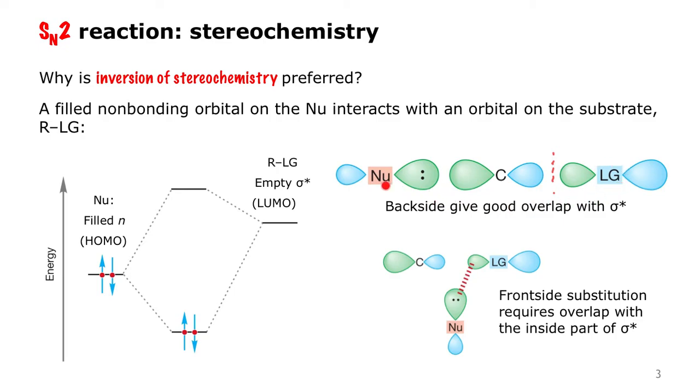It's what's referred to as the backside of the carbon and leaving group bond, and we sometimes refer to this as backside attack. The front side substitution requires overlap with part of the antibond that's between the carbon and the leaving group, and it ends up being kind of sterically inaccessible. And so this is where the preference for the so-called backside attack comes from.